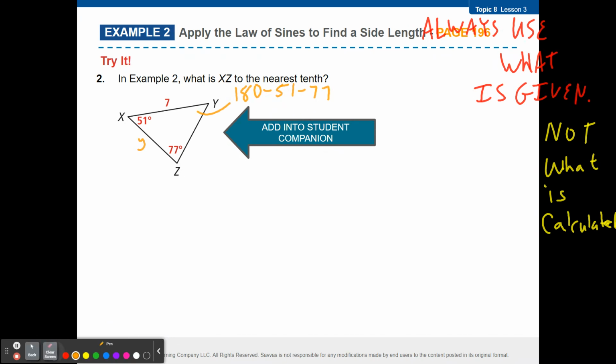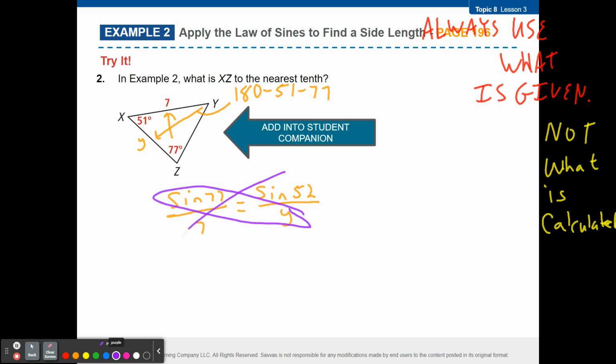So again, remember, we are going to use the opposite z right here. So I'm going to have the sine of z, which is the sine of 77 degrees, over the side, which is 7, equals the sine of y over little y. But what was that angle measure? 52 degrees. So it'll be the sine of 52 over y in this case. I will cross multiply.